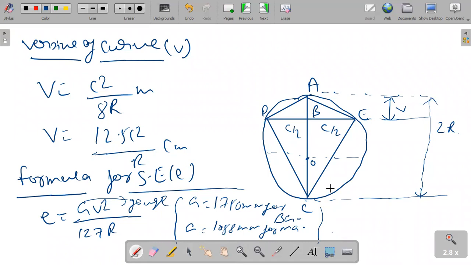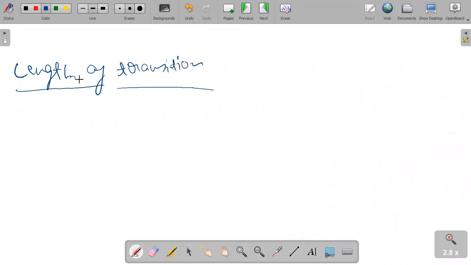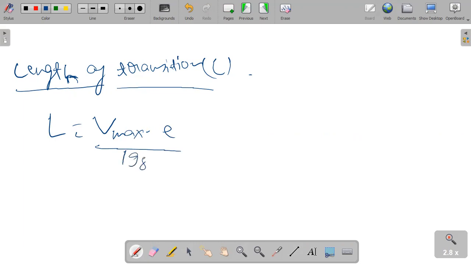And let's move on to the next thing, which is length of transition, denoted as L. Okay, so basically we have the formula L is equal to V max into E, super elevation, upon 198.